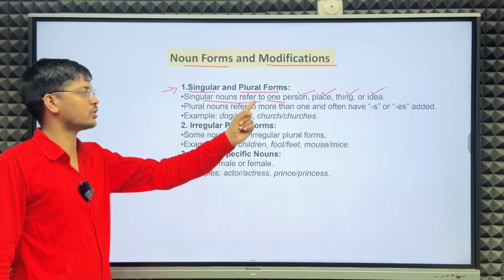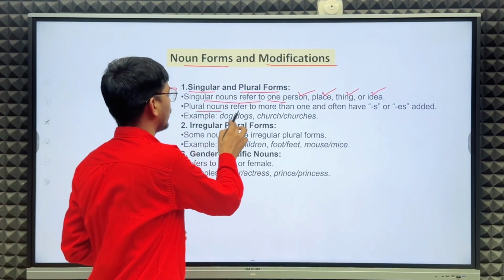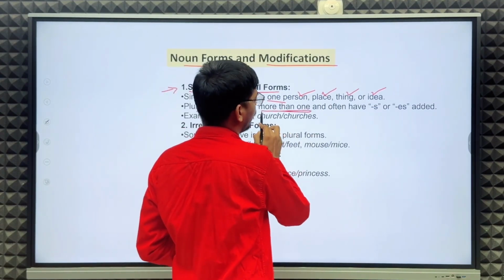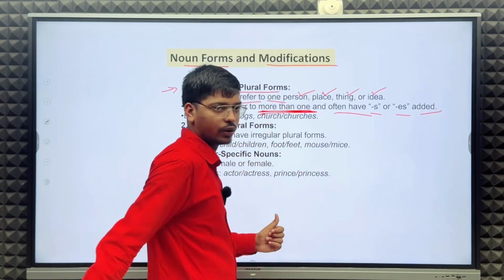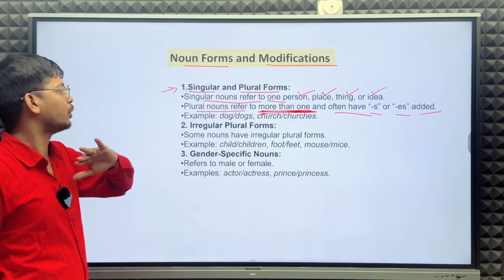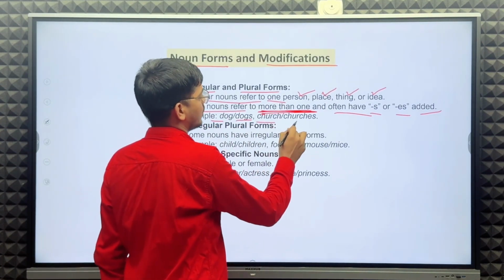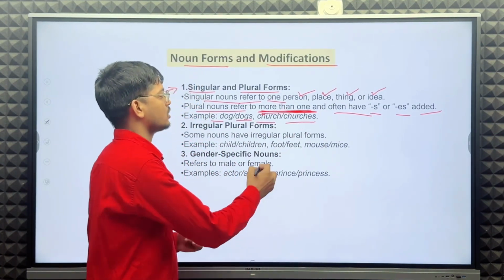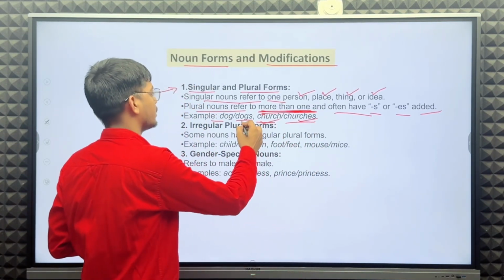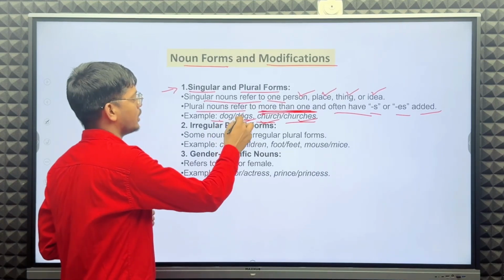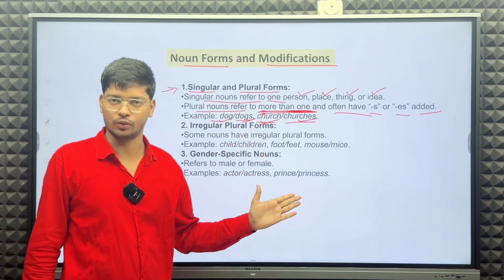Plural nouns refer to more than one and often have s or es added. For example, dog or dogs, church and churches. Church and dog are singular, churches and dogs are plural. So they are forms of singular or plural nouns.